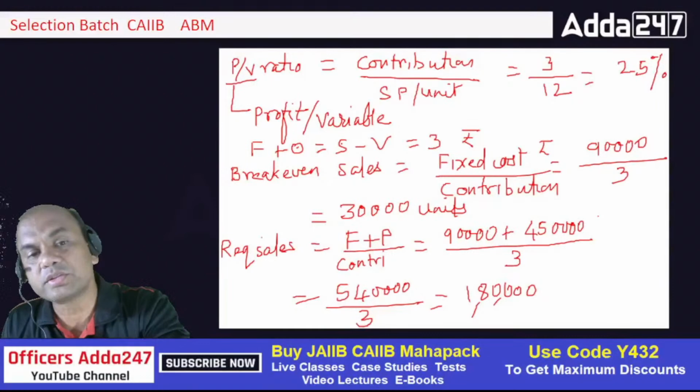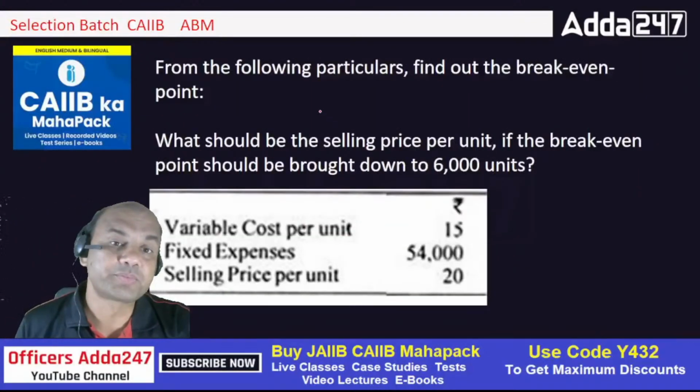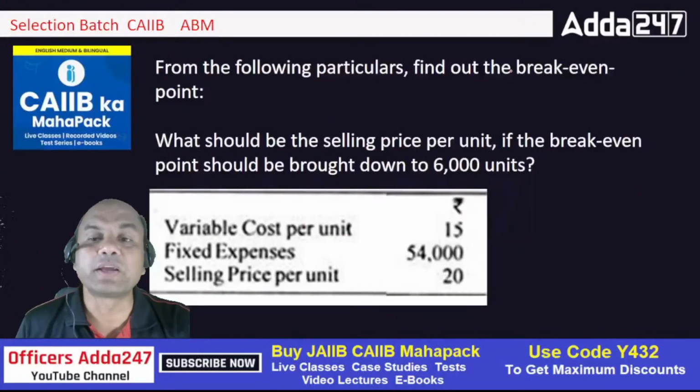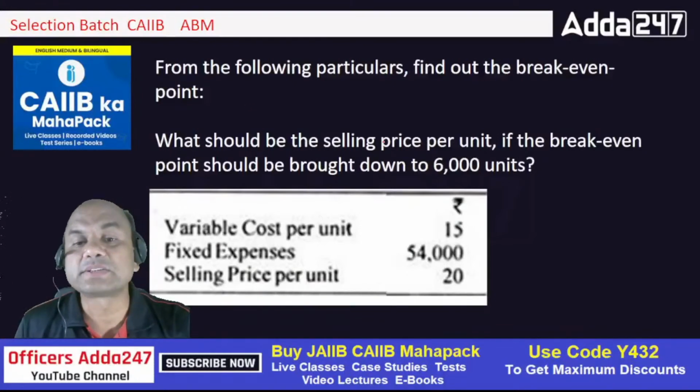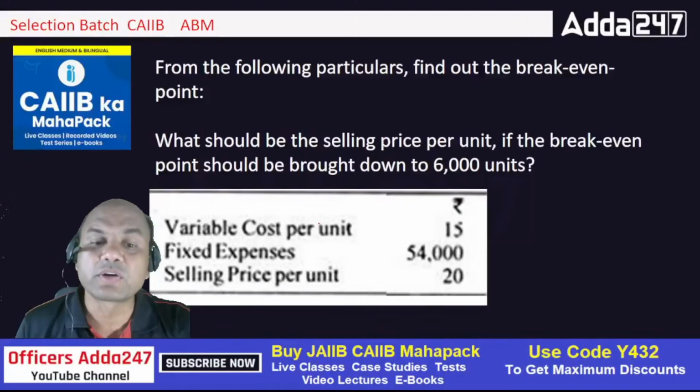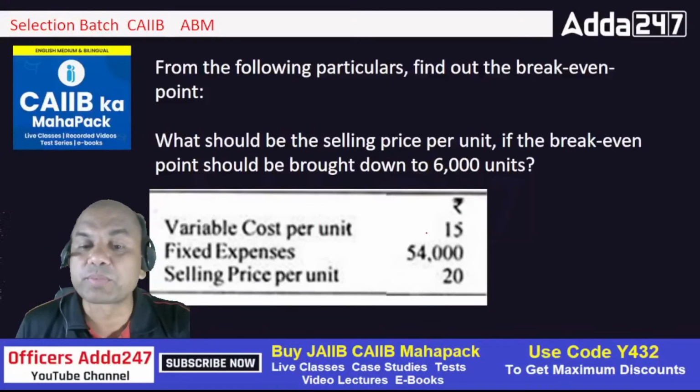Okay, so next problem. From the following particulars, find the break-even point. What should be the selling price per unit if the break-even point has to be brought down to 6,000 units? So what is given? Variable cost is given as rupees 15.